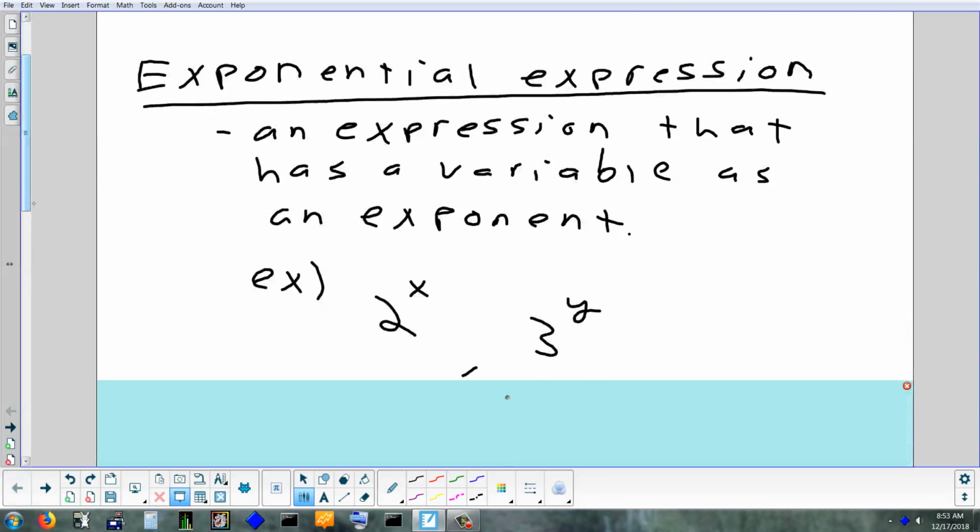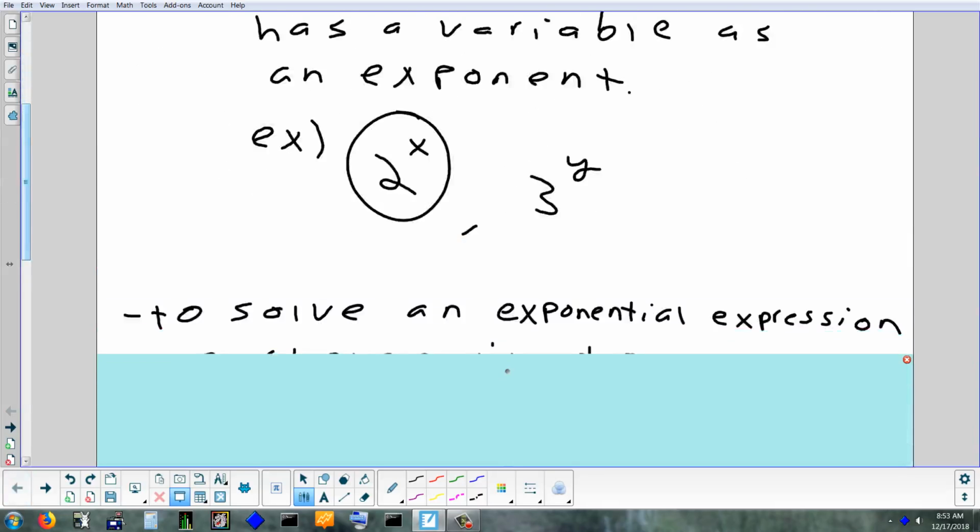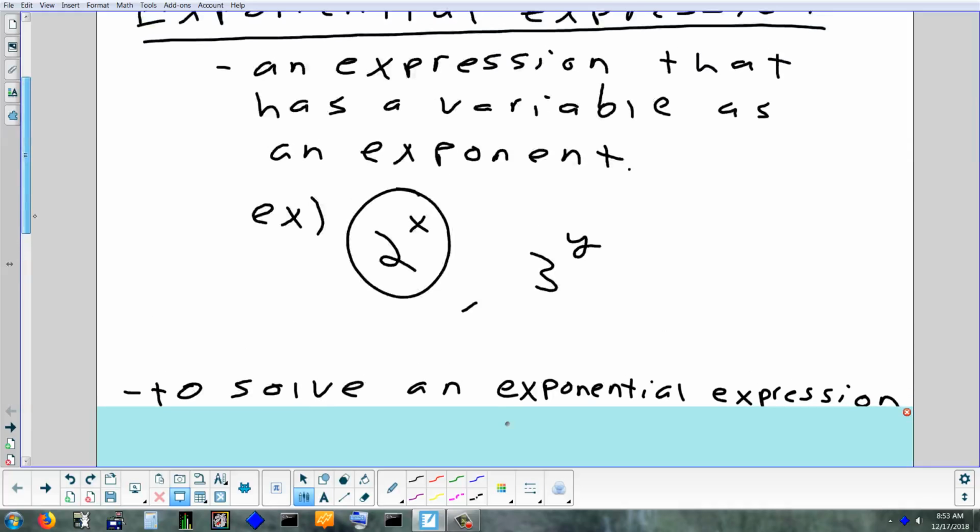Here's a couple more. By the end of the week, you'll be able to solve equations that have exponential expressions in them, and we call those exponential equations. Anytime you want to solve an exponential equation, especially one like 2 to the x equals 15 where you can't figure it out in your head, we're going to change it.